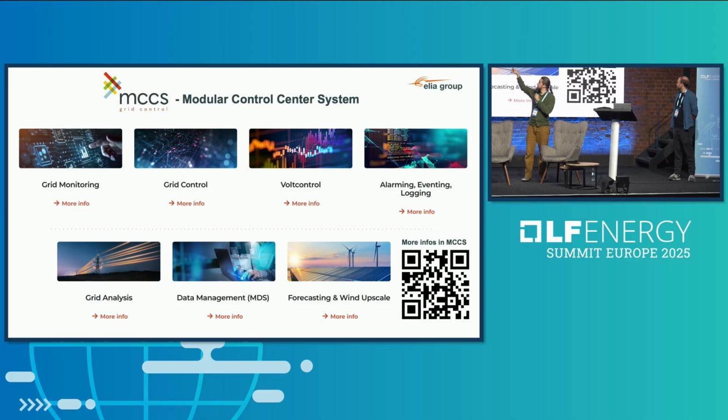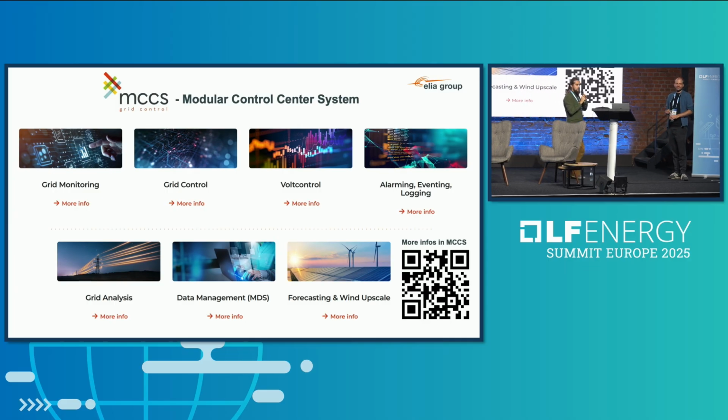That's the M in MCCS, for modular, for different modules in our system operations to integrate and join together. We have SCADA system aspects, grid control aspects, but also grid analysis aspects and grid optimization parts, where we slot in. It's a very big initiative. If you want to learn more, I invite you to check out the website. There's a QR code.